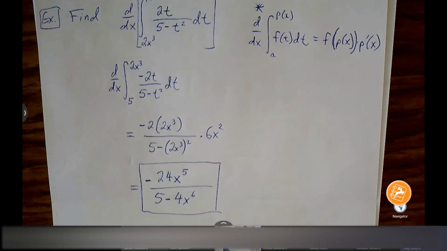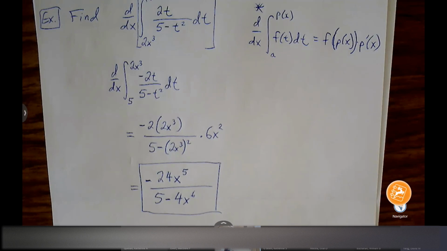So wherever I see the t, I just replace it with 2x cubed, but I want to make sure I keep track of what's inside and outside the parentheses. 2x cubed, I have to square everything inside that. So 2 gets squared, I multiply the exponents, so it becomes 4x to the 6th.